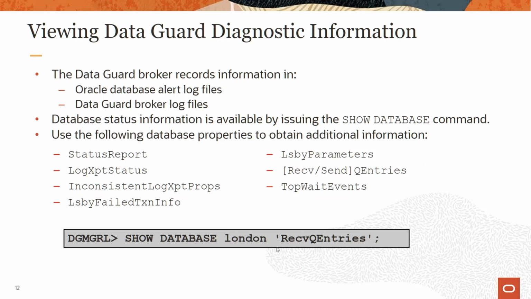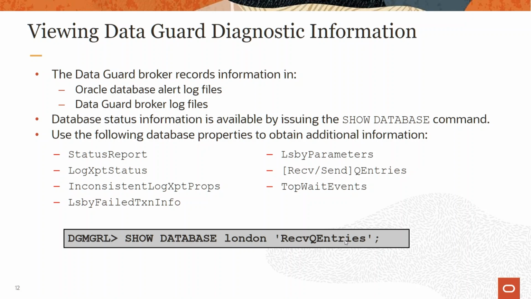And you can also specify the property of a database or property of a configuration to display information. So for example, in this case, receive queue entries. It will show you a list of entries, a list of alert log file entries that are not received by the standby database, or that are not applied by the standby database.